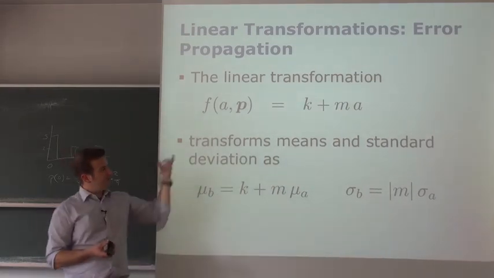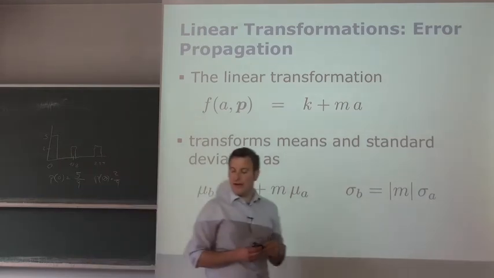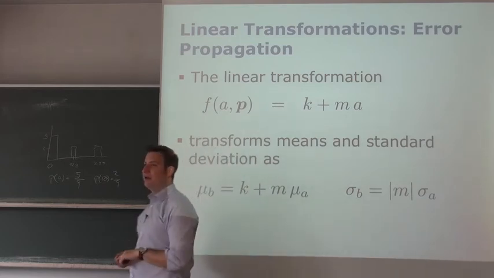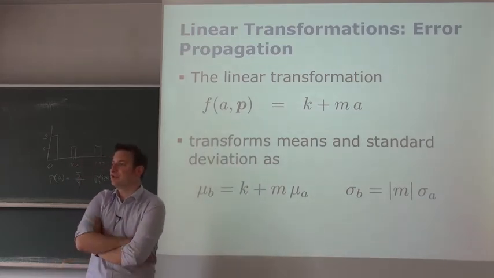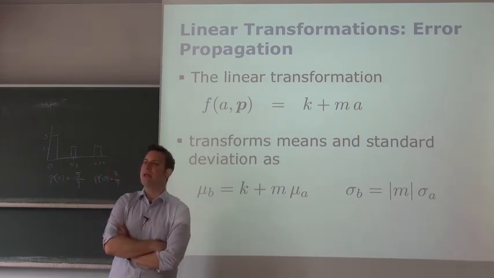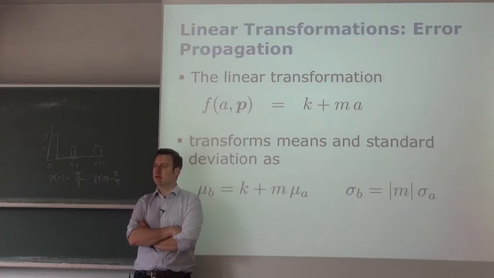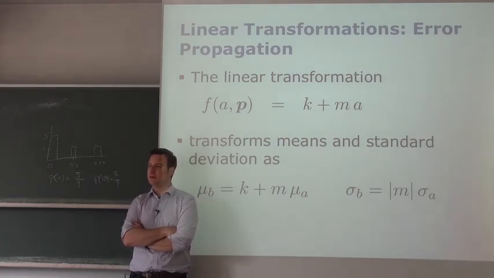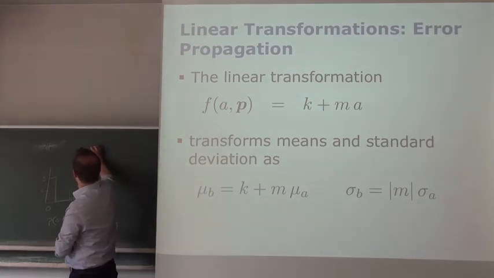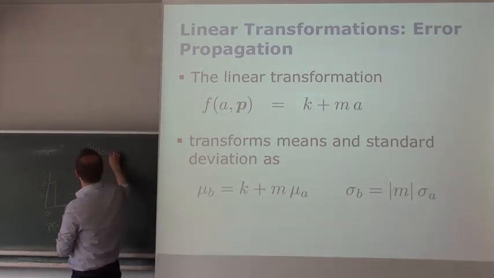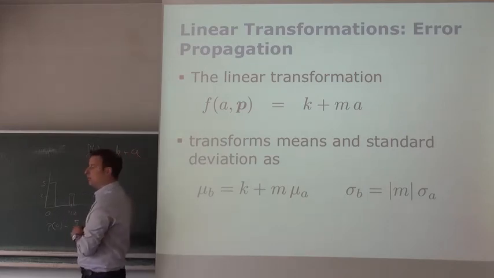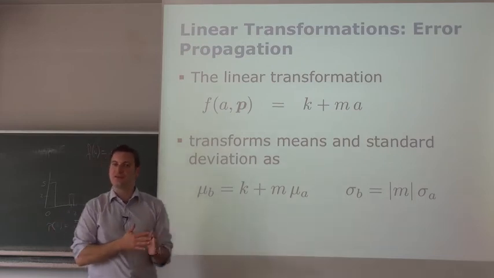What happens if I keep m equals 1 and make k larger than 1? Which impact does this have on my image? My function f of a is k plus a. What does this operation do for k larger than 0?